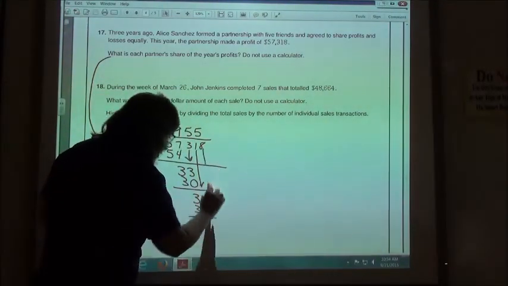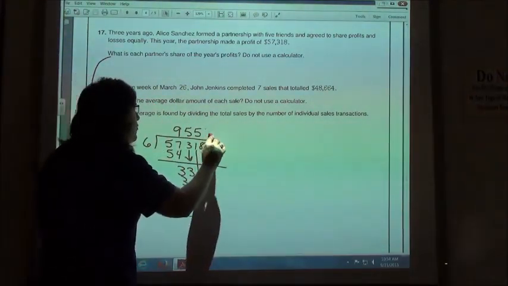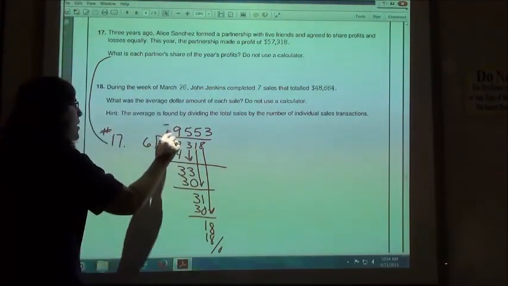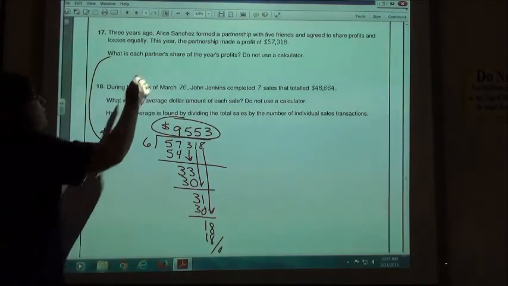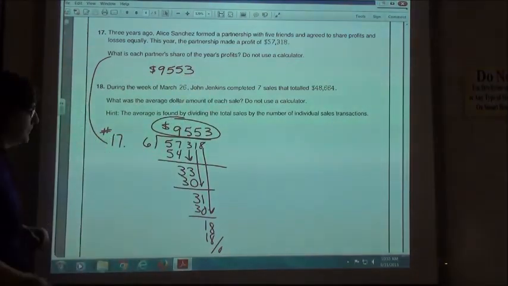Bring down my 1. Bring down my 8. 6 goes into 18 3 times, so it goes in there evenly. And so each partner's share of the year's profit would be $9,553.